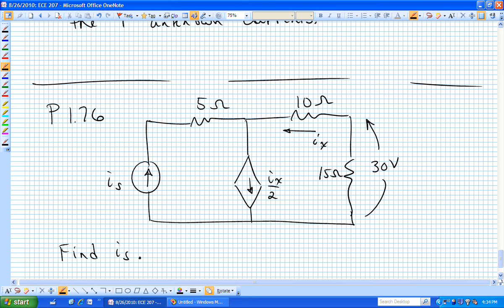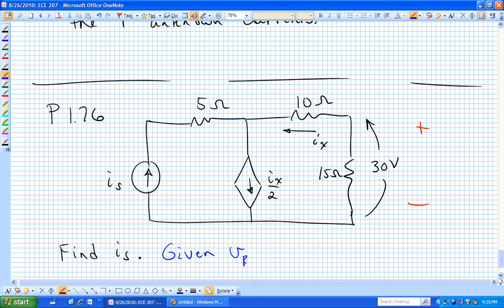That's how the book has defined I sub x. They may label a voltage with an arrow. The arrowhead is the positive terminal, and I would prefer to do something like plus minus. And I believe you're given the following information.